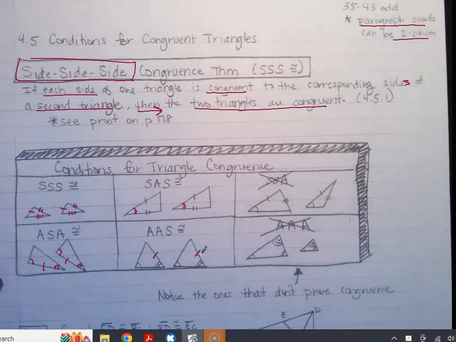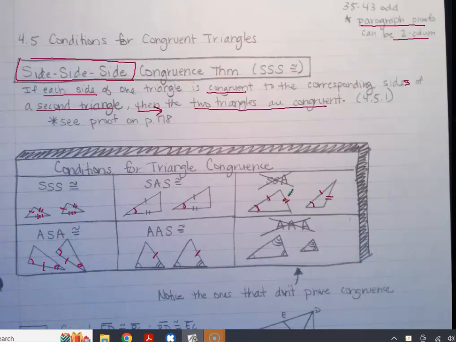And then we have these other versions that do not work for congruence. We cannot have side, side, angle. That will not prove congruence, because this angle is congruent to this angle, and this side is congruent, and this side is congruent. But do those triangles look the same?